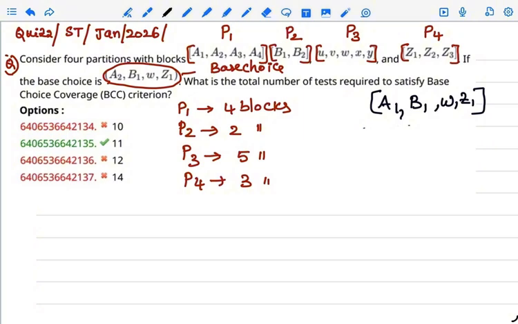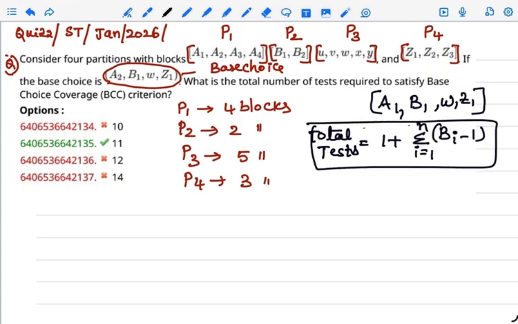So in BCC, base choice coverage criteria, the total tests are given by a formula, right? Total tests equals 1 plus sigma i equals 1 to n of (bi minus 1). The 1 is for the initial base choice cover.